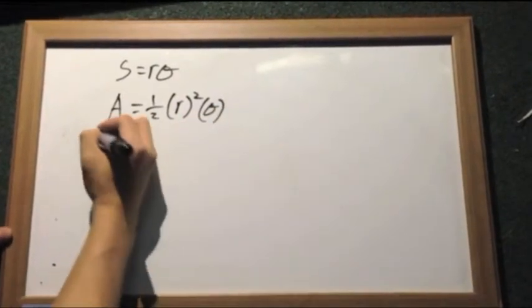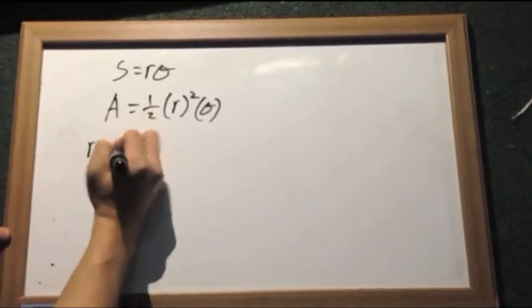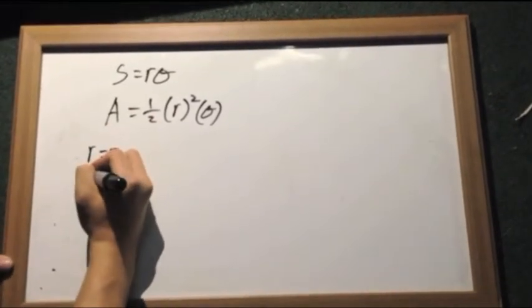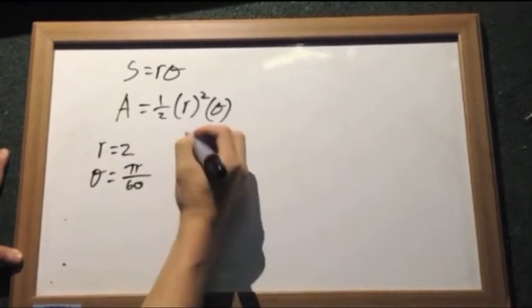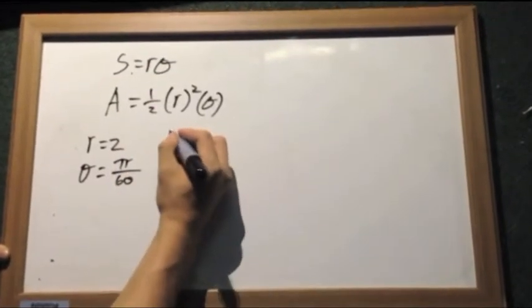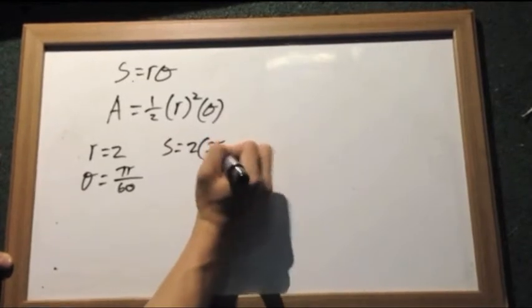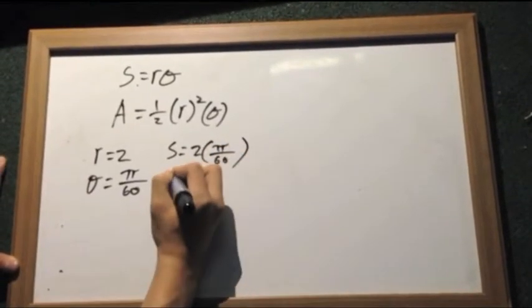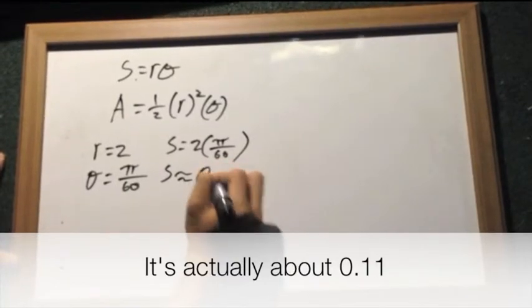So first problem, if we were given that radius equals 2 and theta equals pi over 60, then we could solve by just plugging it into the equations. So for arc length, S equals 2 times pi over 60. And using your calculator, you can find out that S is approximately 0.16.